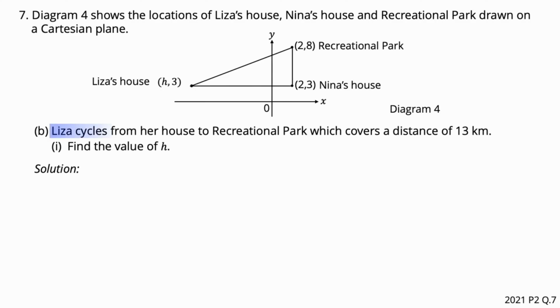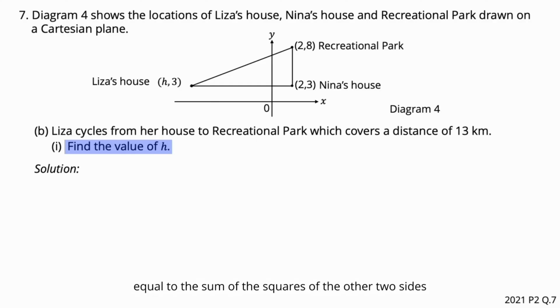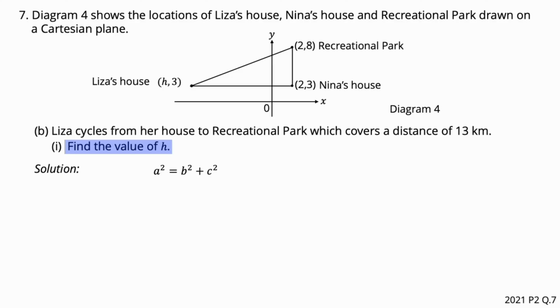B. Liza cycles from her house to recreational park which covers a distance of 13 km. Find the value of h. Diagram 4 shows a right-angle triangle. By using the Pythagoras theorem, the square of the hypotenuse equals the sum of the squares of the other two sides. A square equals b square plus c square. Hypotenuse is given 13.